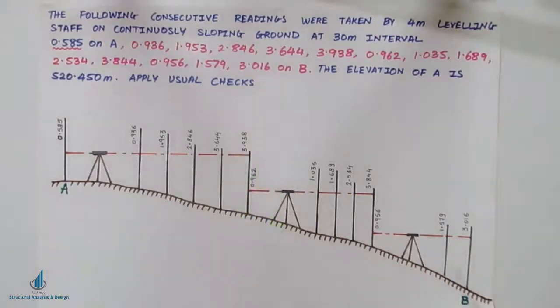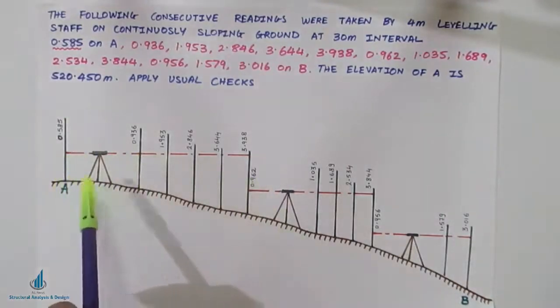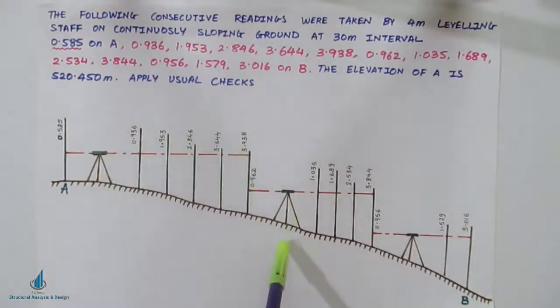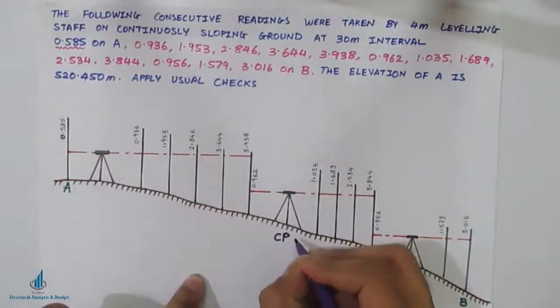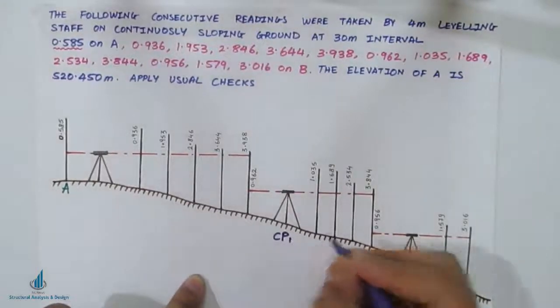Then you have to change the instrument position. From here you have shifted the position here, and this is known as change point 1. You can mention here change point 1.